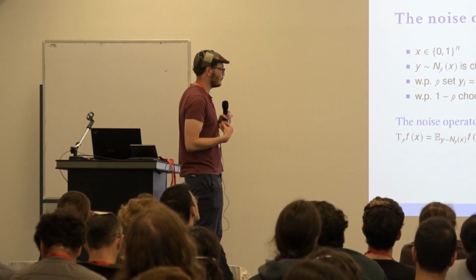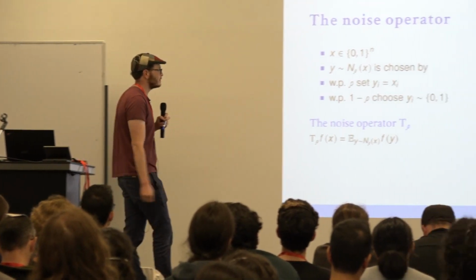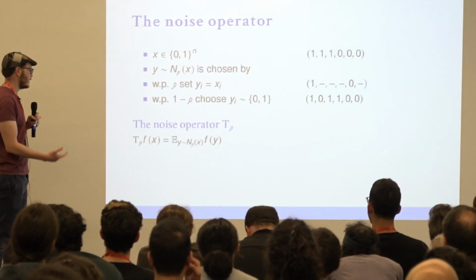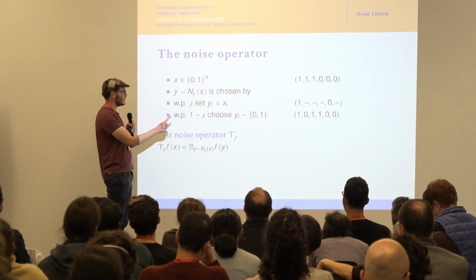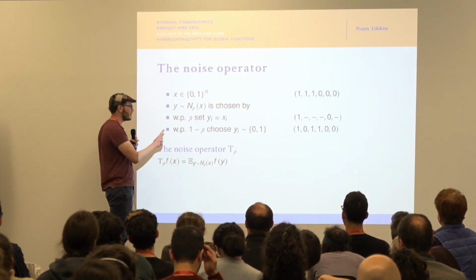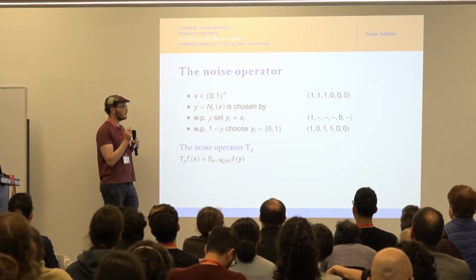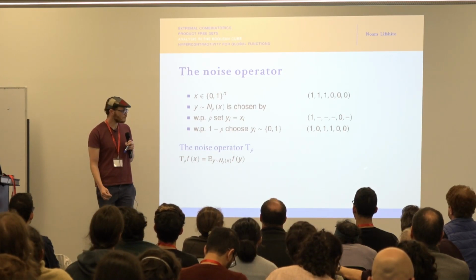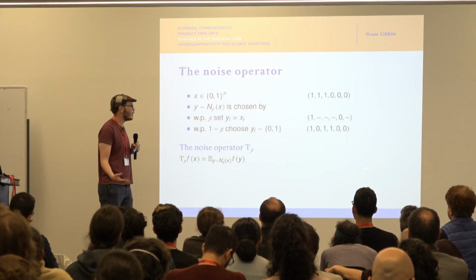But you have to understand what it means to be close to some x. The way to define it is via a noisy random walk, where you start with some x in the cube, and you get a noisy version of it by remembering each coordinate of x with probability rho, and forgetting it and resampling it with probability 1 minus rho.